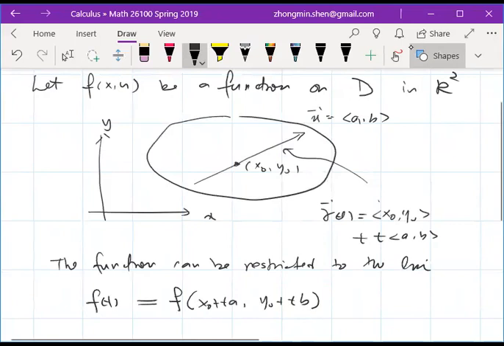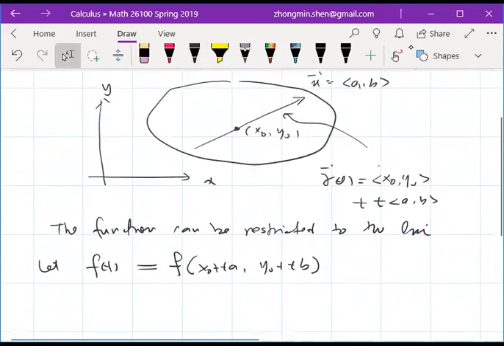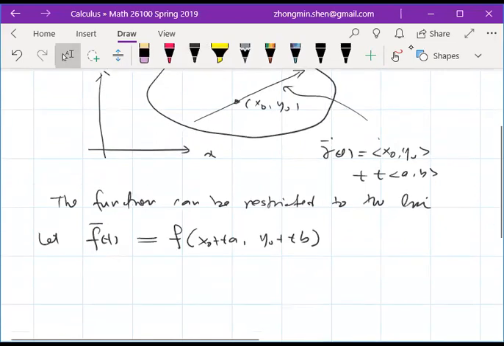This becomes a function of one variable, so you can talk about the usual derivative. I use the same f, but I should put a bar here to show the difference: it is restricted to the line. When t equals 0, this is just the value of the function at that particular point.